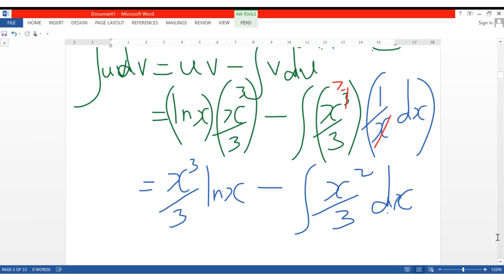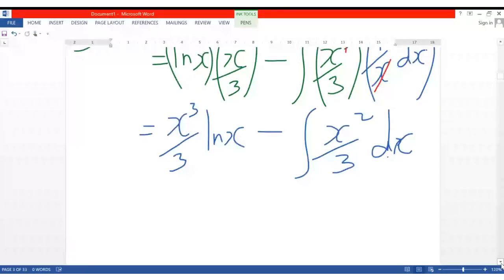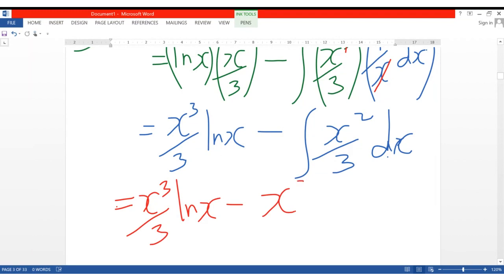Now, this function is easy to integrate, it is an algebraic function. So the final answer will be x to power 3 all over 3 ln x minus this one. When you integrate this one, what do you get? You'll get x to power 3. Remember, 1 over 3 is not playing any part, I can remove it outside, all over 3.